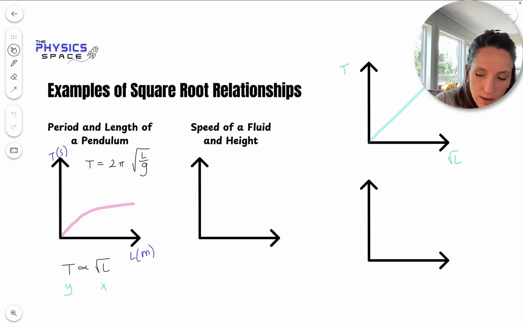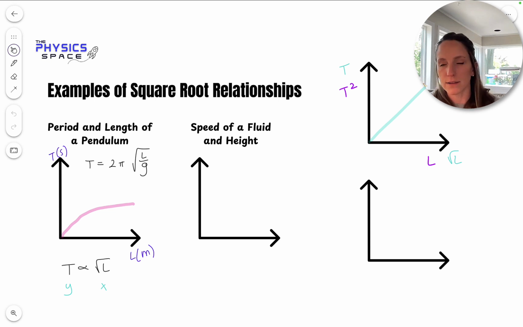If I were to square this square root of L and also square T, an alternative here would be to graph T squared on the y-axis and L on the x-axis. So that's just like squaring all of the quantities. That would be another way to write that graph, and it would also be linearized.